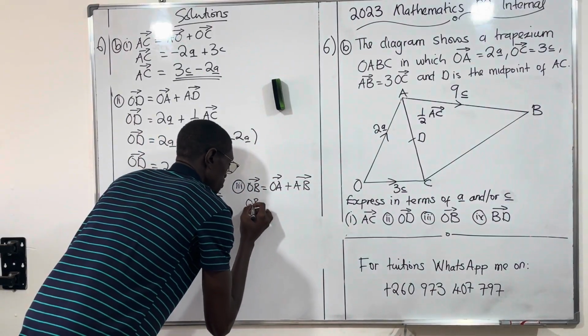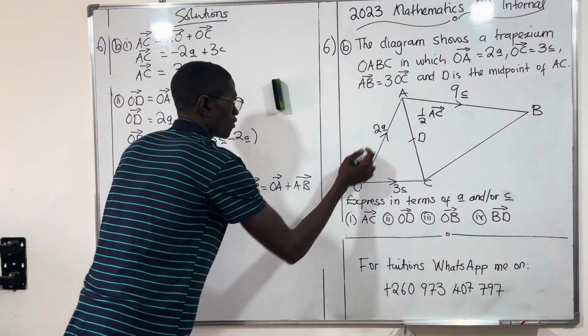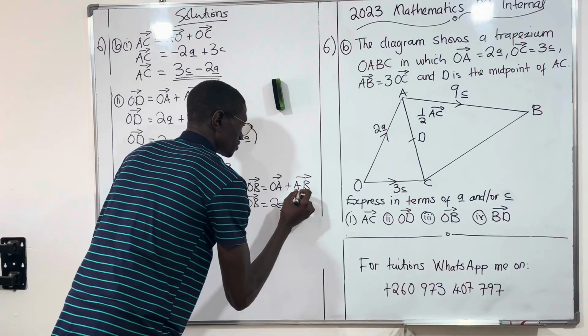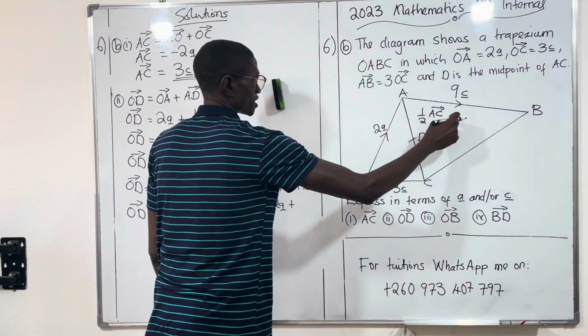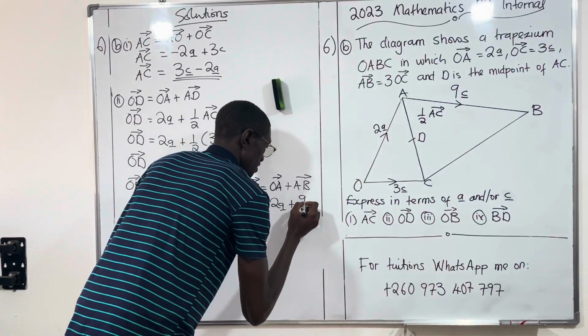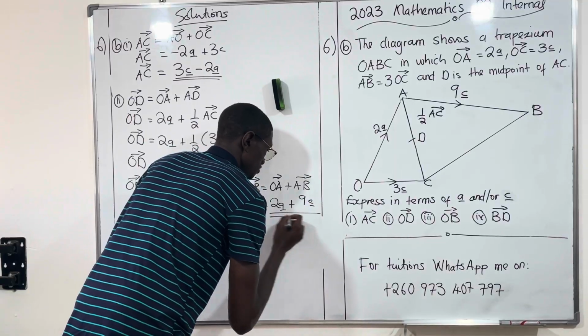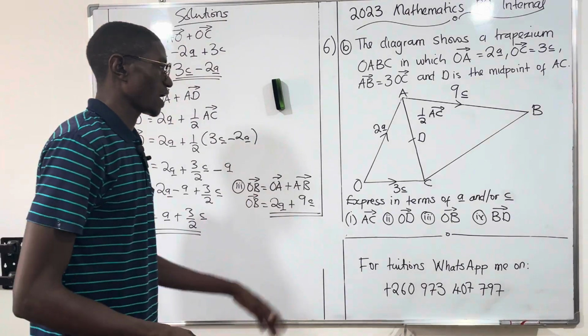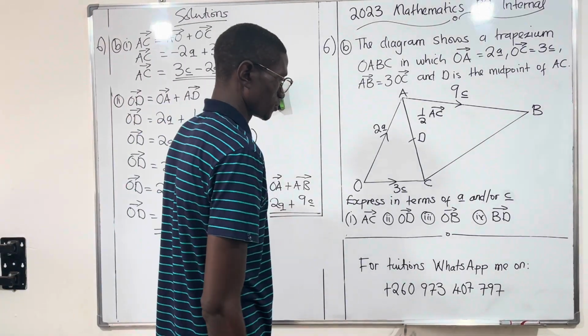What is OA? OA is 2 vector A, plus what is AB? AB, same direction as a vector, it's going to be 9 vector C, and this is your final answer because you cannot simplify this any further than that. These two are unlike terms. We are done with that one.